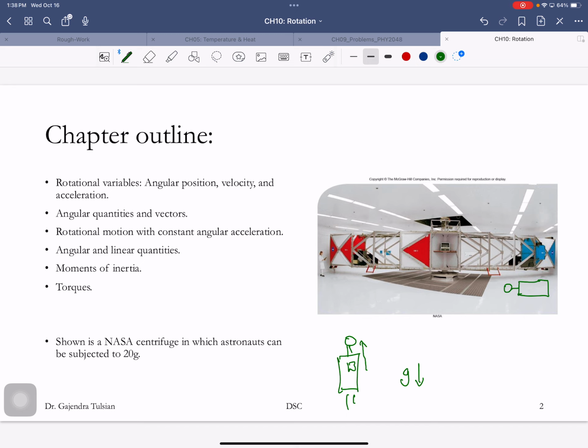What if you increase gravity? What would happen? It's got to work harder. So that's what this device does. It increases gravity to 20 Gs when you put them in and spin. Effectively, it's 20 Gs in this direction, so your heart is having to work harder.